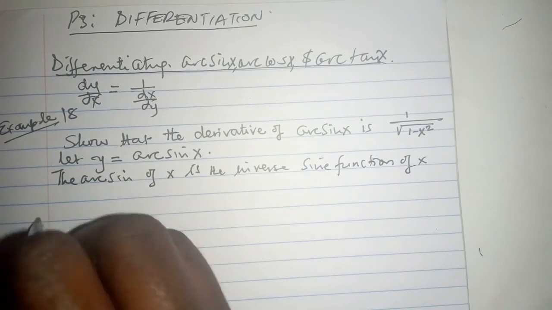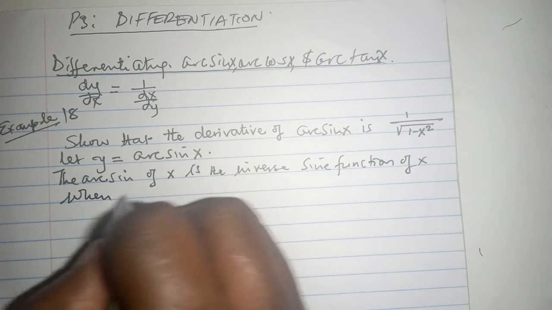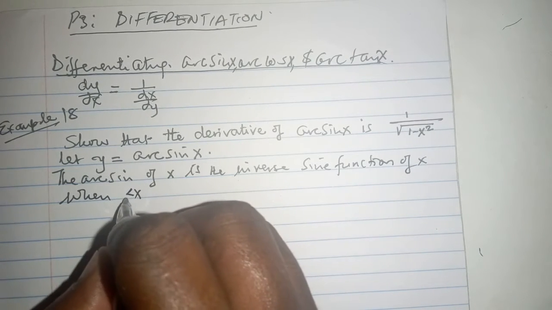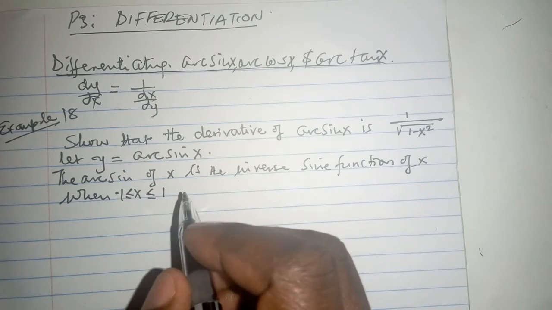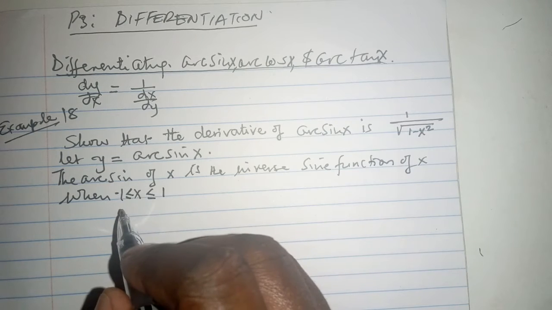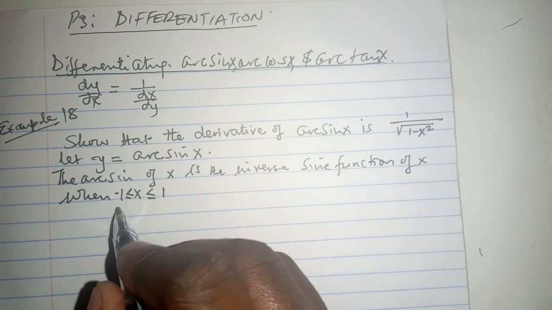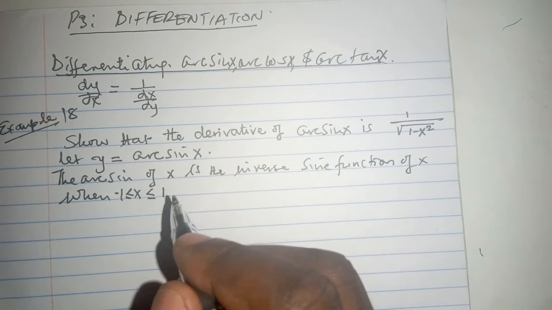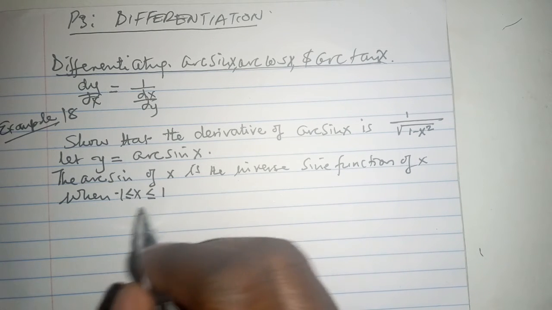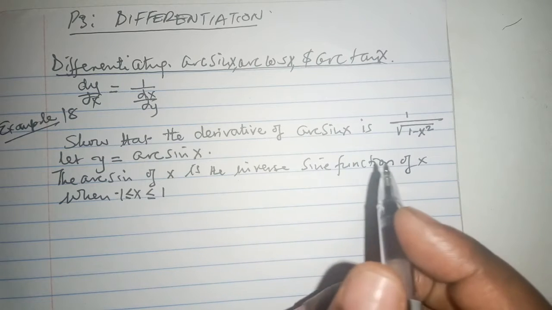Of course, it has to operate when x is from -1 to +1. The reason being, if you plot the graph of y equals sine x, the minimum value of that graph is -1 and the maximum is +1. So the arcsin, being the inverse, will obviously use these limits.